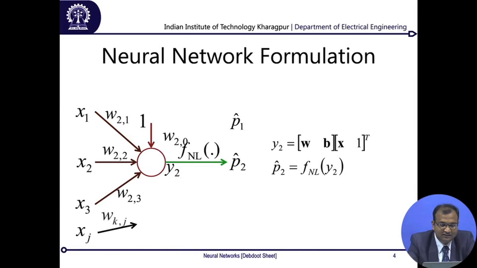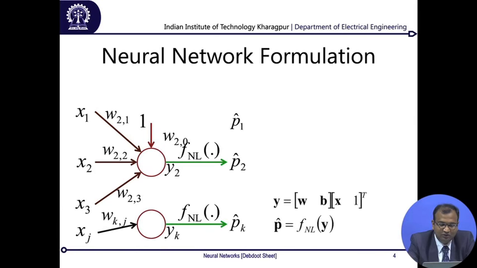Now let's say that I have j number of such input nodes, and I would like to map it to k number of such output nodes. In that case, very typically a weight relation between the jth input node and the kth output node will be denoted W of k comma j, and you would have a similar kind of nonlinearity, and this is the basic form in which it appears.